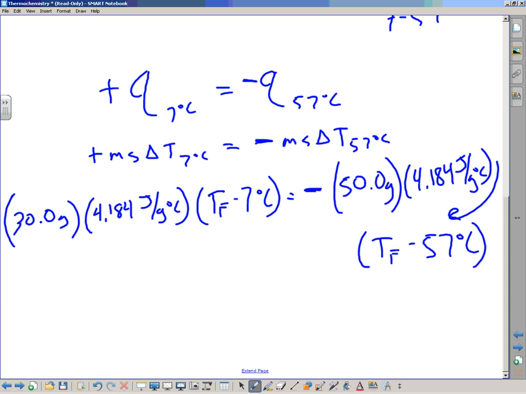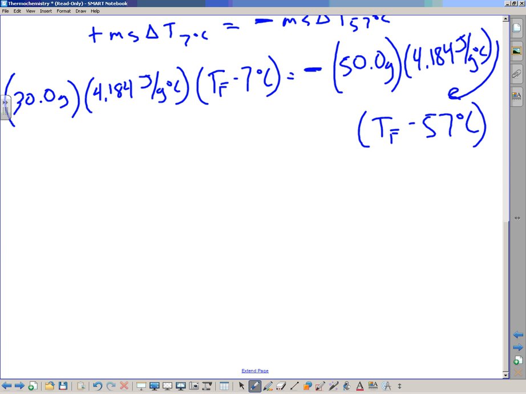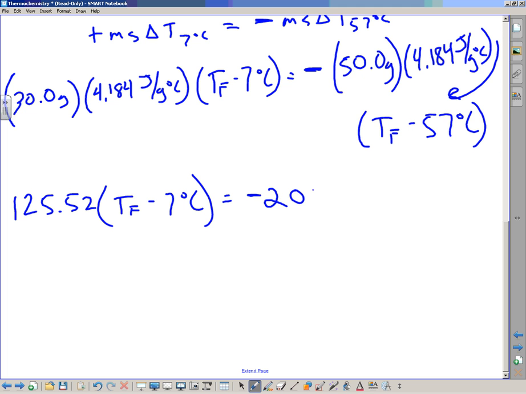What do we get? 125.52, which is going to get multiplied by TF minus 7 degrees, and 50 times 4.184. 209.2, which is TF minus 57 degrees Celsius. Okay? Remember, don't forget the negative. Don't lose that negative in this problem.